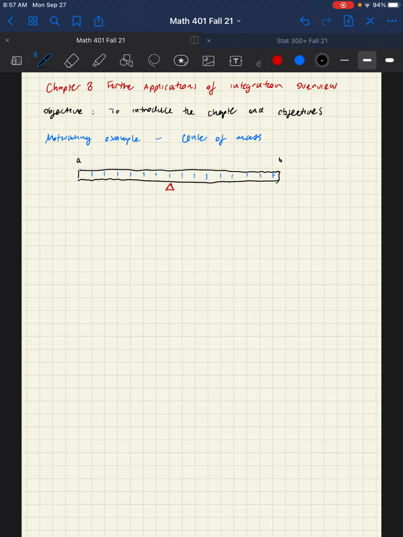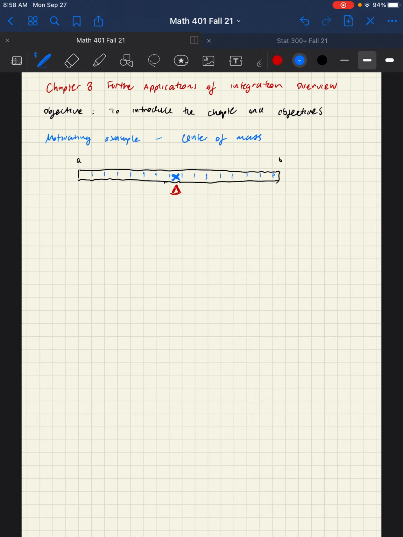Then from experience, we know that if you just take the middle point of that segment, that rod, then that's going to be the center point, the hinge point. And so if we generalize that idea of a hinge point to something that would work in not just a one-dimensional object, but two-dimensional, three-dimensional, then what we're talking about is the notion of center of mass.